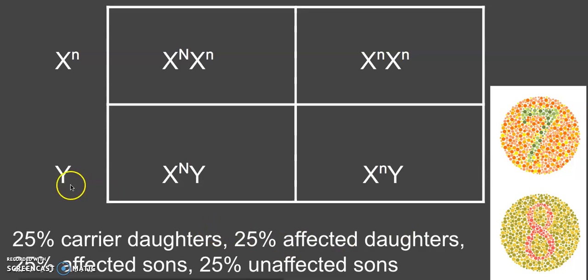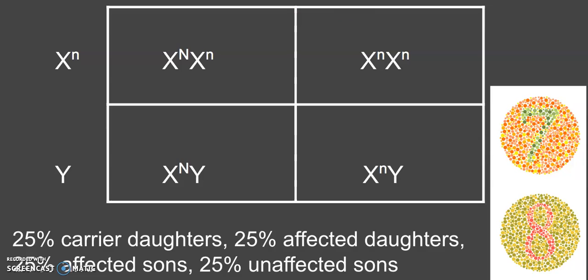So let's look at this example. So we have the dad here, the XY, and we have the mom up here, 2 X chromosomes. And so say the dad, X and Y, this little n means that the dad is colorblind himself. And the mom is a carrier for color blindness because she has this big N allele that is guiding her actual vision.